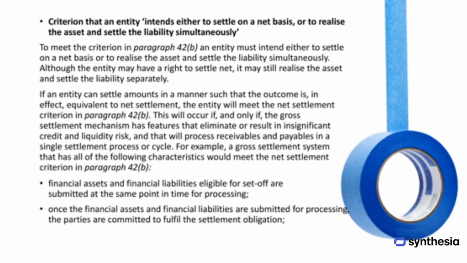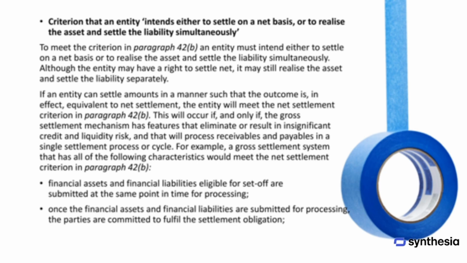To meet the criterion in paragraph 42b, an entity must intend either to settle on a net basis or to realize the asset and settle the liability at the same time. Even if the entity has a right to settle on a net basis, it may still choose to realize the asset and settle the liability separately. If the entity can settle amounts in a way that is, in effect, equivalent to net settlement, it meets the net settlement criterion.